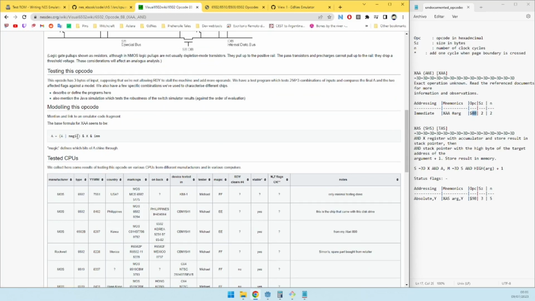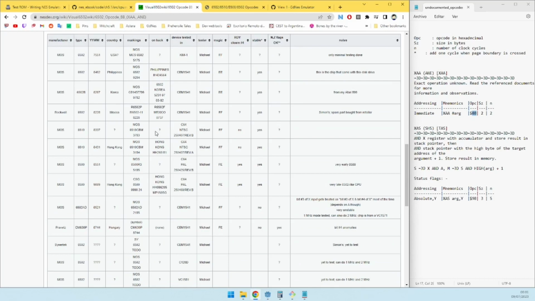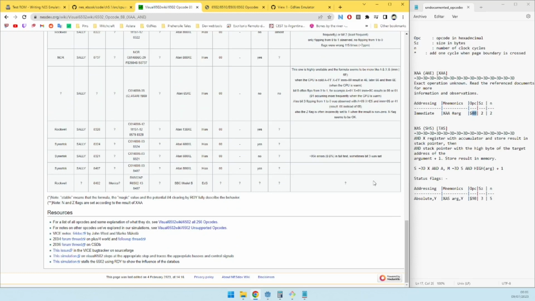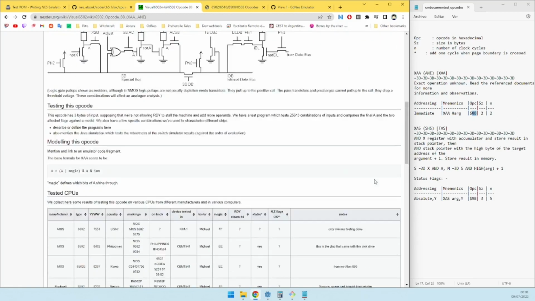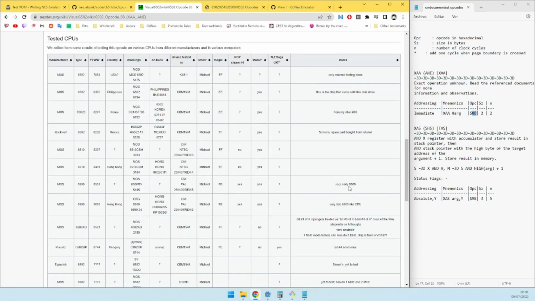A or magic and X and immediate. But what is magic? So it seems to be different on different CPUs.